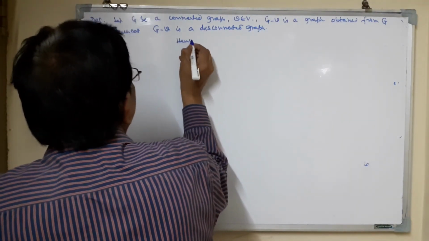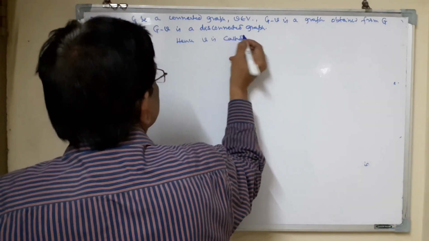Hence, in this case, v is called a cut vertex.